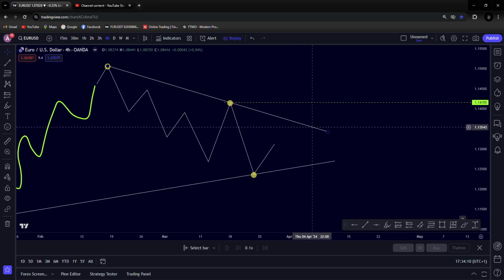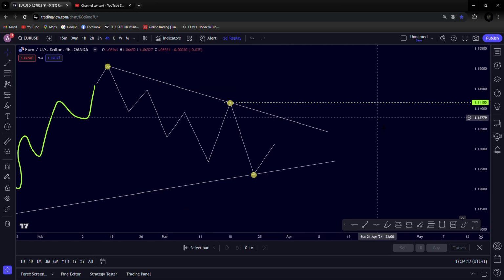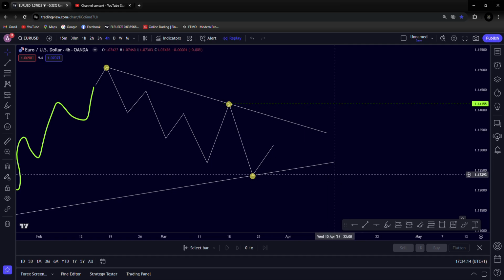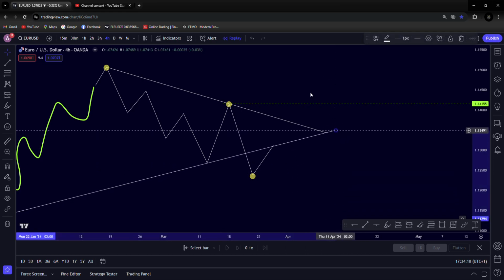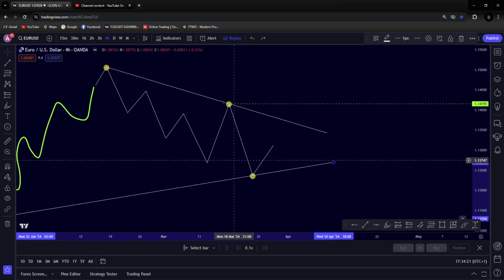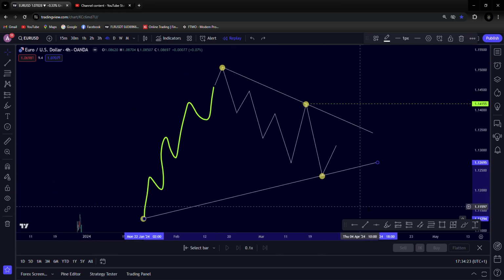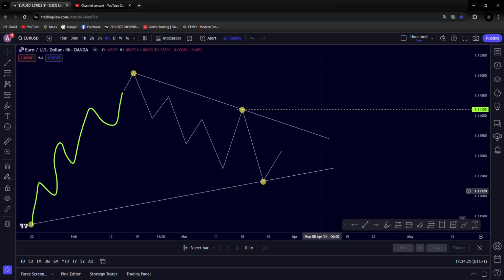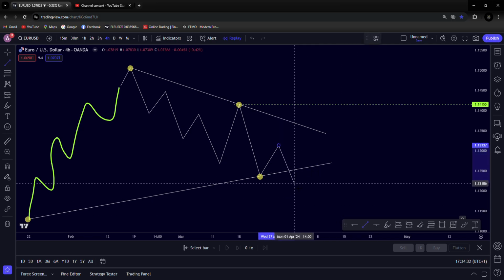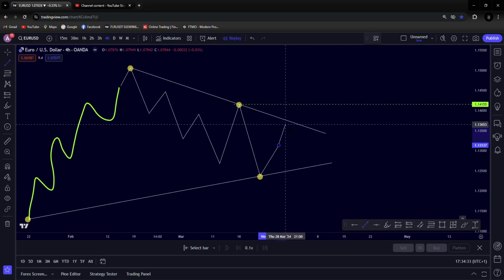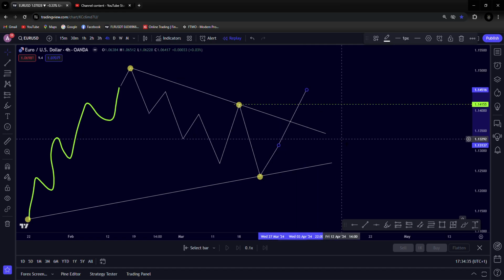So the chart always goes in a triangle, and what it can do, so we know over here it came to retest the trend line, and at the same time the bottom became our point 2 of the trend line. What can happen in the future, it can come to liquidate the point 2 again, or it can come to liquidate the point 2 from the top.